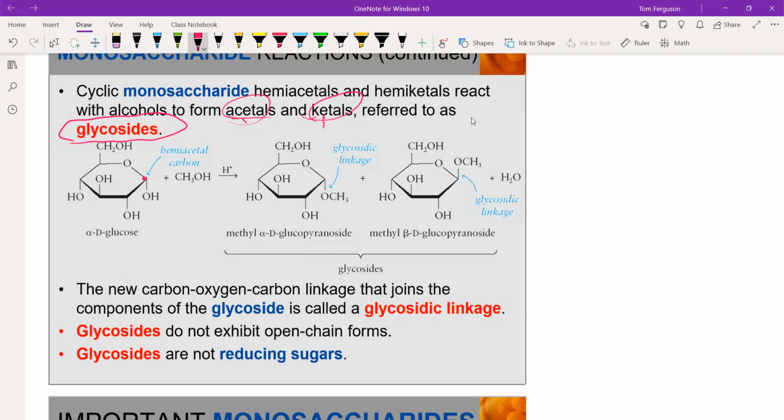Okay, so we have a hemiacetal plus an alcohol. We will form then a full-blown acetal because we have OCO. We do not have an OH present on the anomeric carbon. And we have a hydrogen there. So that is an acetal now.